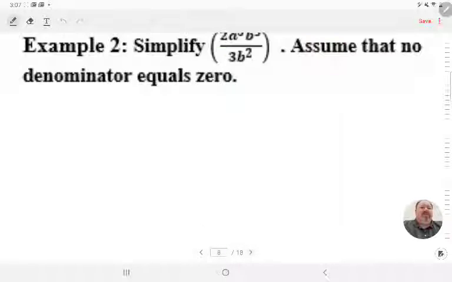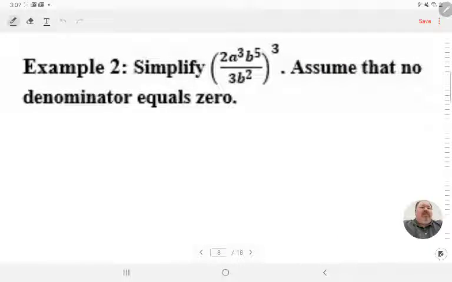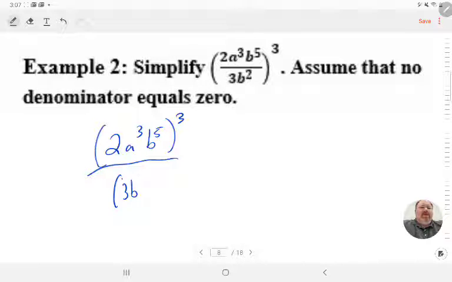Okay? So let's look at that again. We have this right here. So the first thing that I'm going to do is distribute. So I'm going to have 2a to the third, b to the fifth, and that's all going to be cubed. And I'm going to have 3b squared, and that's going to be cubed.